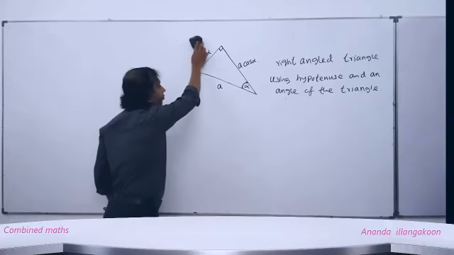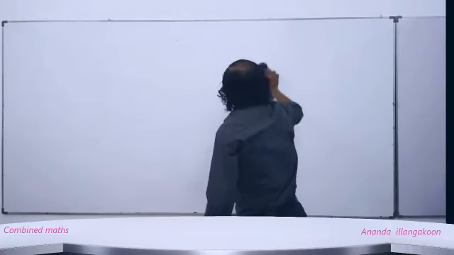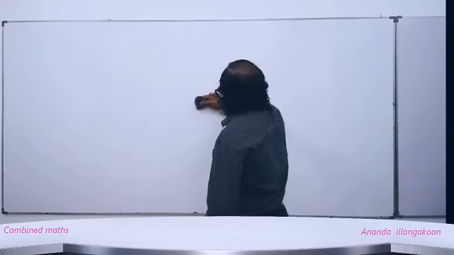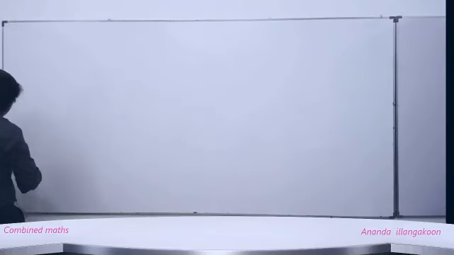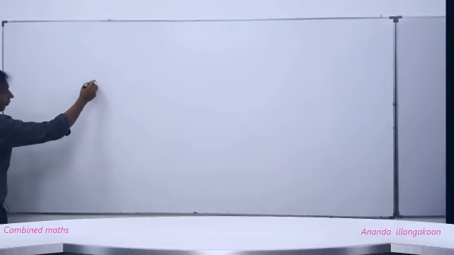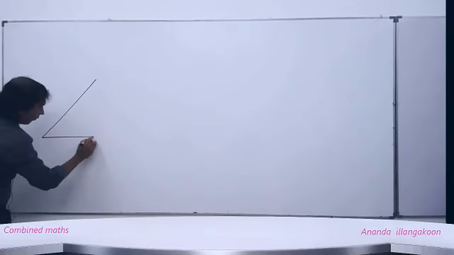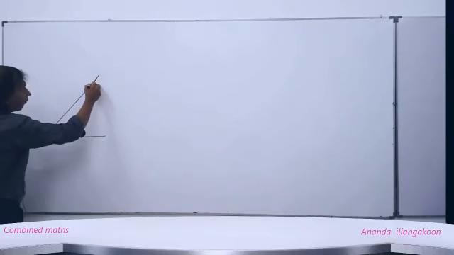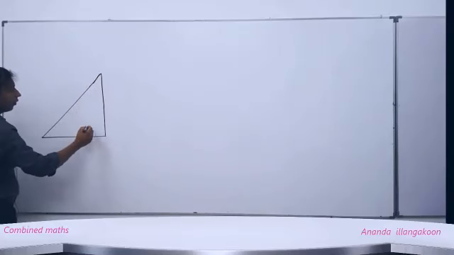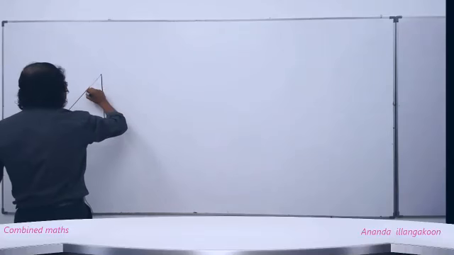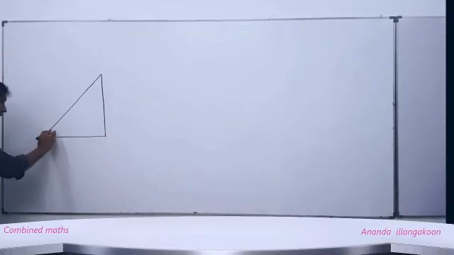Okay, now people. Now I'm going to take this diagram. This is a right angle triangle. Let this angle be alpha.